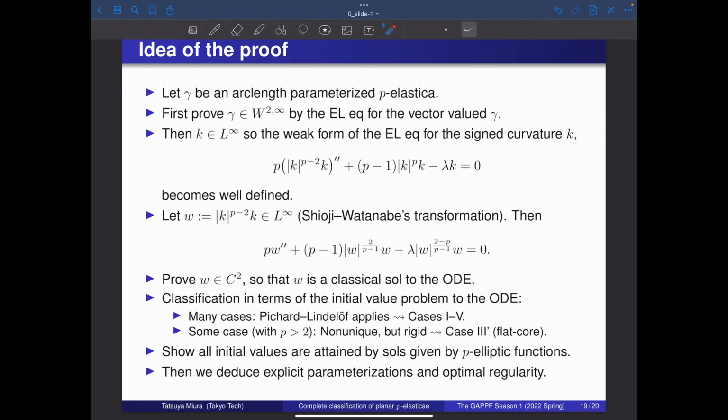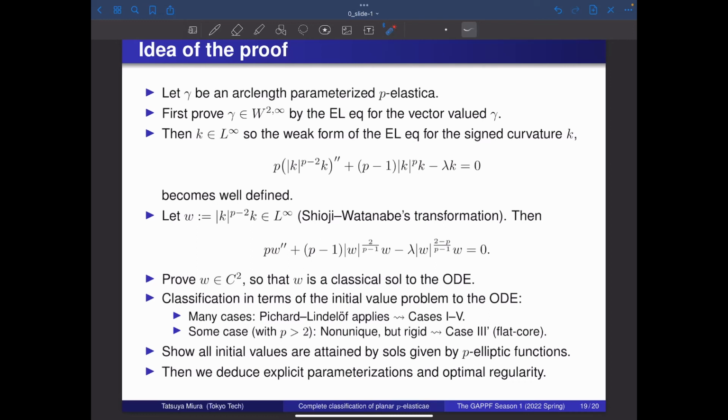In fact, in many cases, it turns out that the standard Picard-Lindelöf theorem applies, and we can conclude that for a given initial value, there's a unique solution. These cases correspond to the previous cases 1 to 5. But there exists some case with the degenerate exponent p such that Picard-Lindelöf doesn't apply.